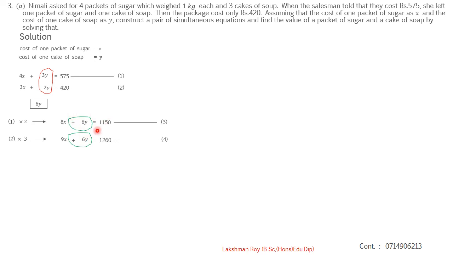Subtract means from the third equation I can subtract the fourth equation, or from the fourth equation I can subtract the third equation. So either way I can remove the y term, right? So considering the other terms, you have to decide whether to subtract the third one from the fourth one, or the fourth one from the third one, right?